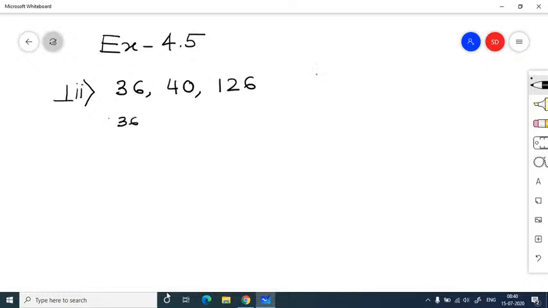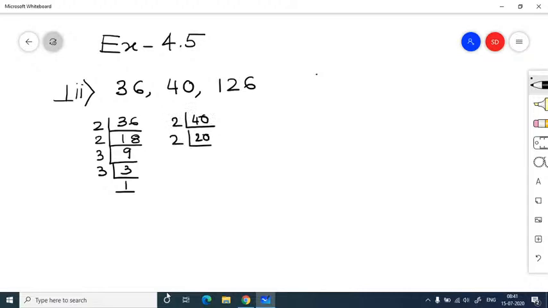36 separately, okay? 2 ones are 2, 2 eights are 16, again 2 nines are 18, again 3 threes are 9, 3 ones are 3. Then you have 40, 2 20s are, 2 10s are, 2 5s are, and 5 ones.